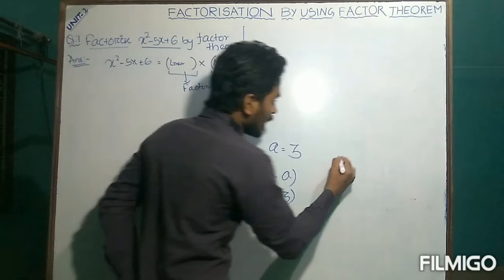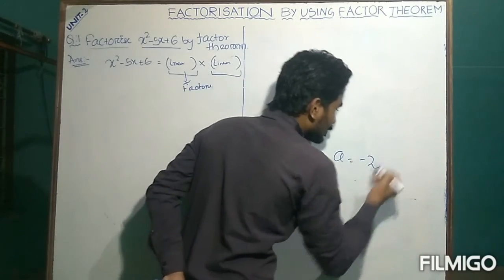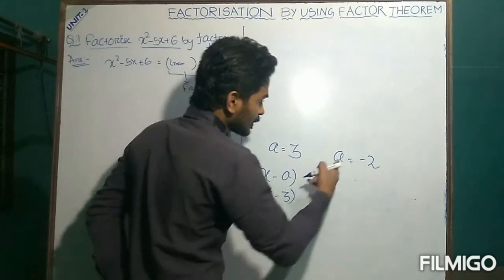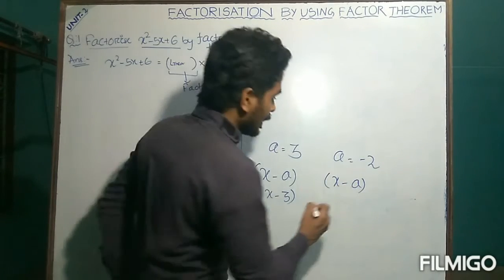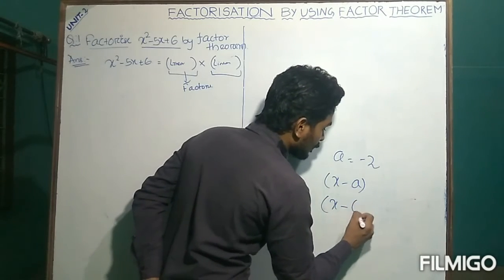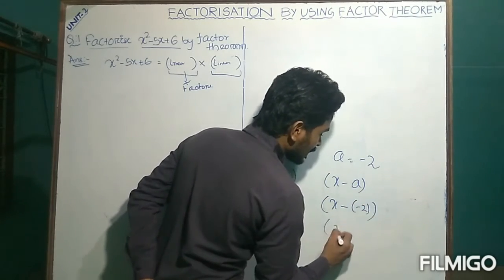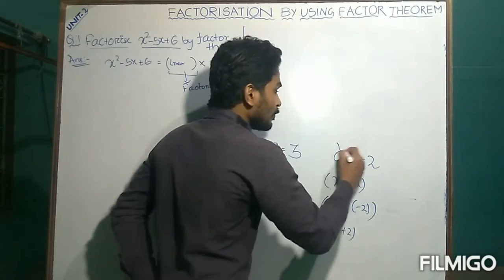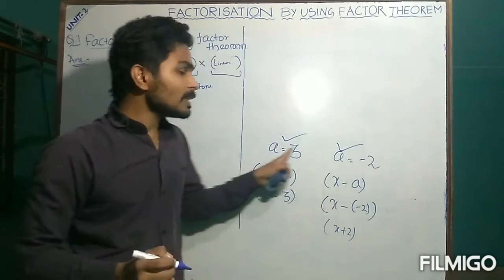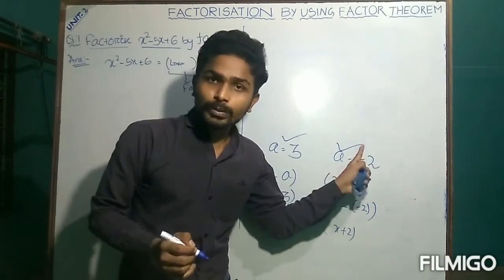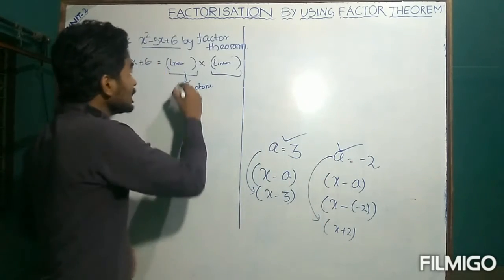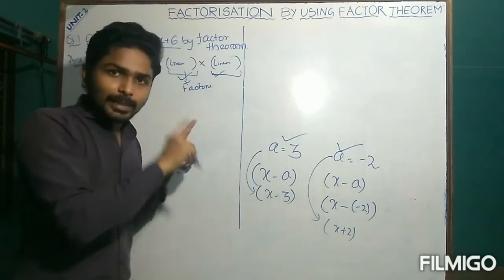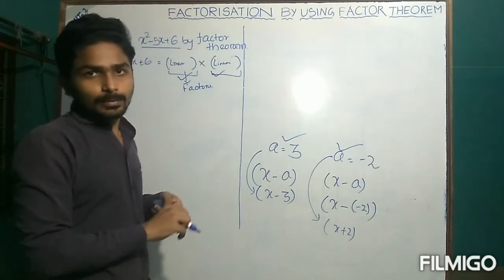If a is equal to minus 2, these are the roots, then the factor is x minus of minus 2, that is x plus 2. That means if we can know the value of the zeros, or the roots, then we can reach the factors. Since here we need two factors, we need two zeros.